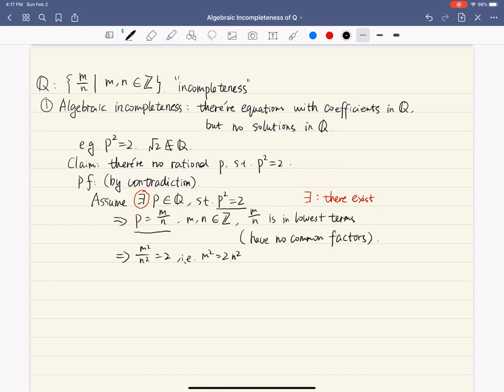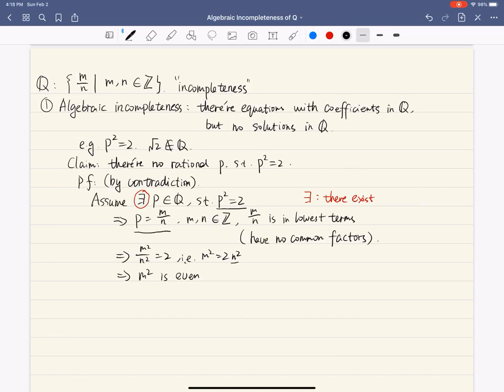So m squared must be an even number, right? Well, since n is an integer, n squared is an integer, so 2 times any integer is an even number. So m squared must be an even number.